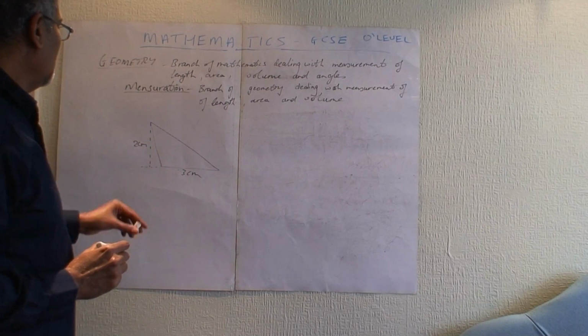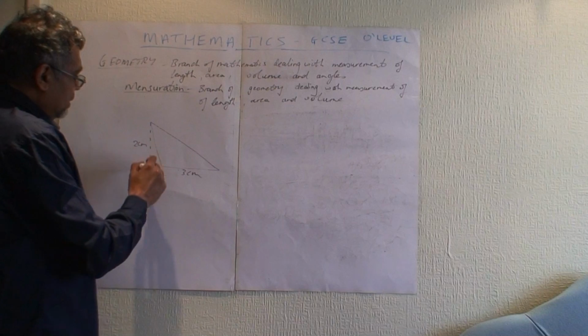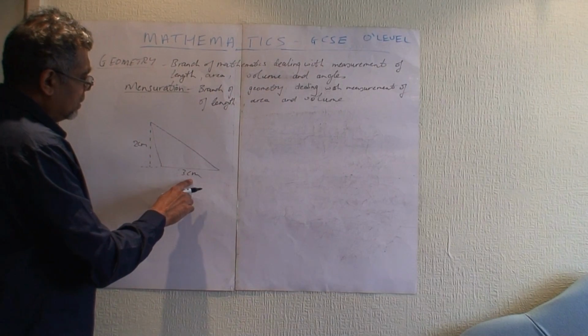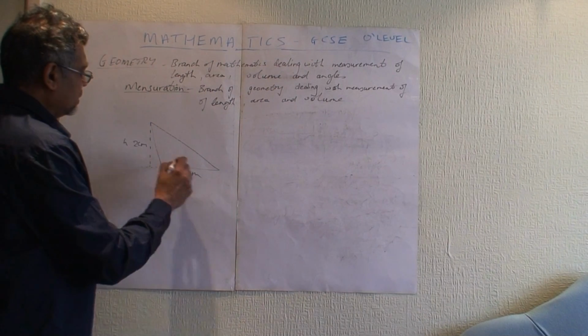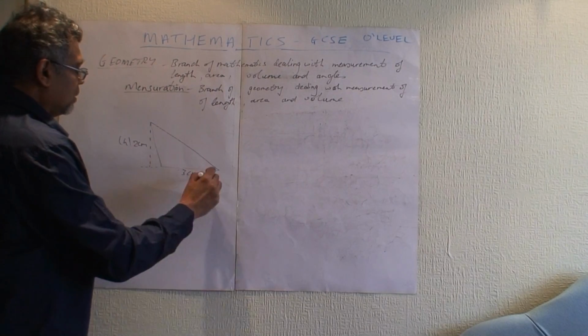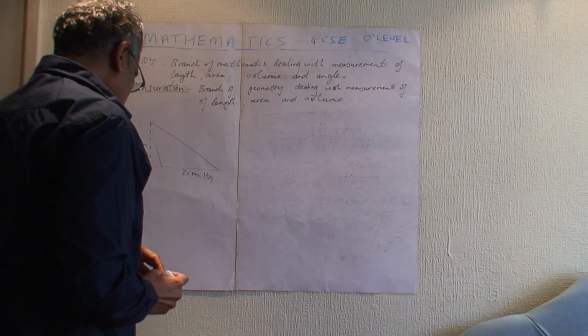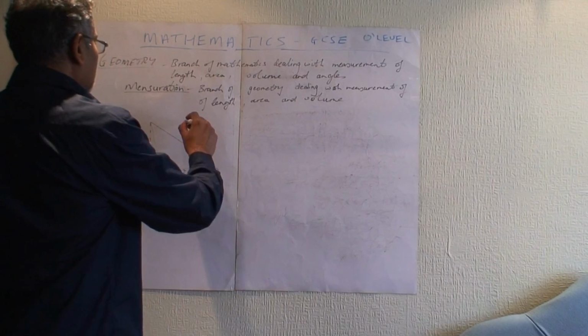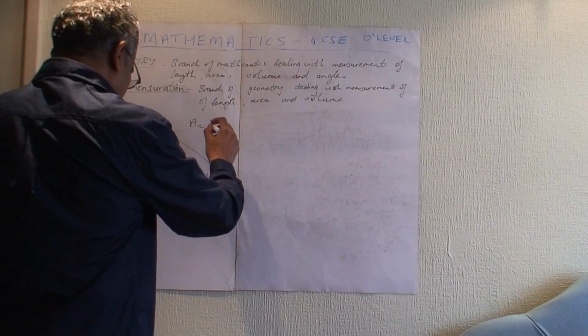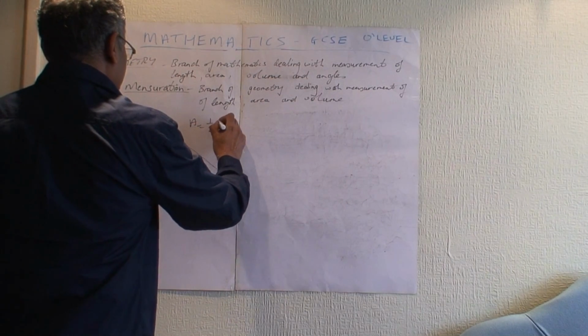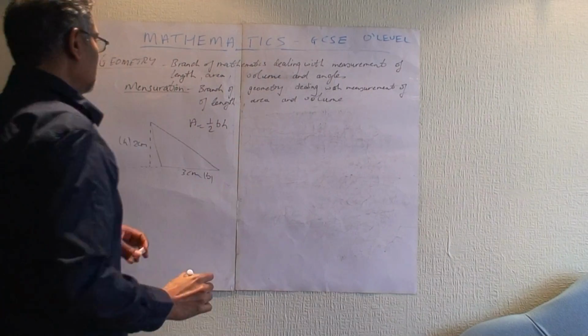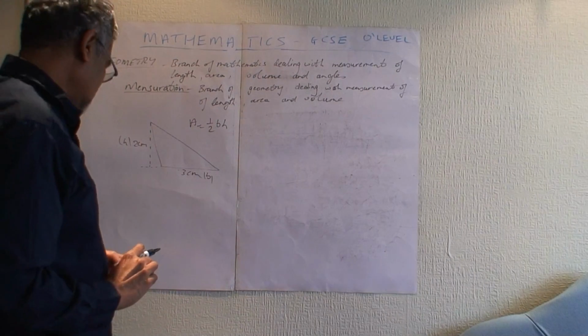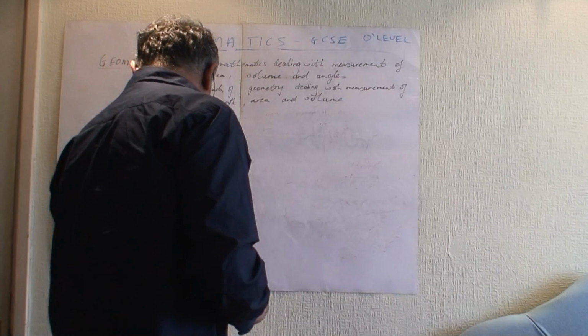Now we have the height and we have the base. This is the height, and that's the base. So the area would be half base by height.